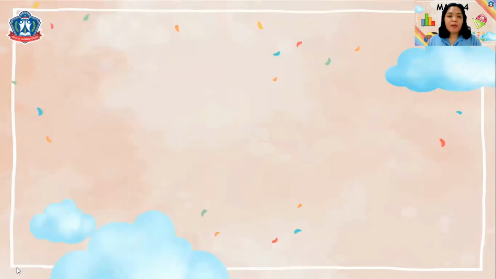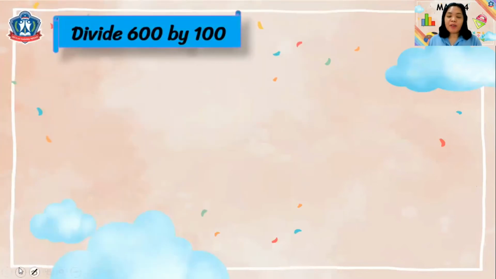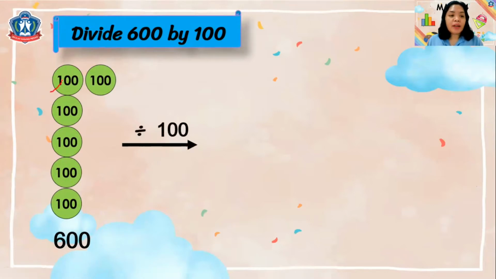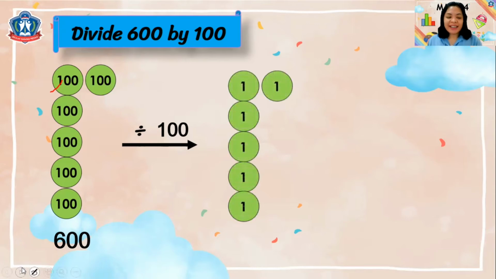Another example, let's divide 600 by 100. At this time, we will divide it right away by 100. So 600 divided by 100. If we have 100 divided by 100, that is 1. So if you have 600 divided by 100, that is 6.